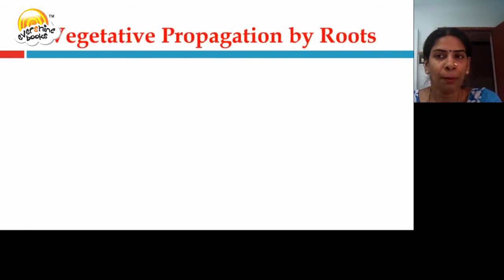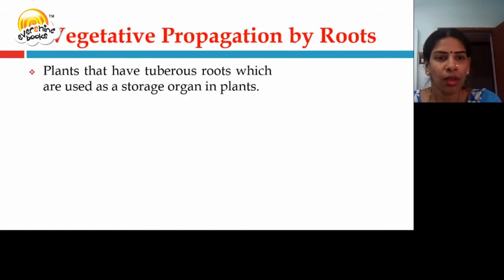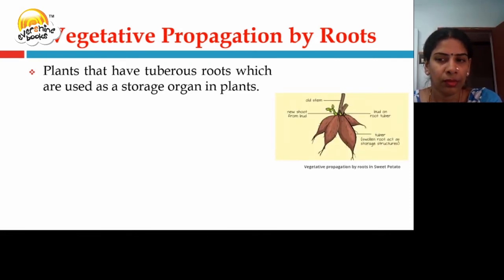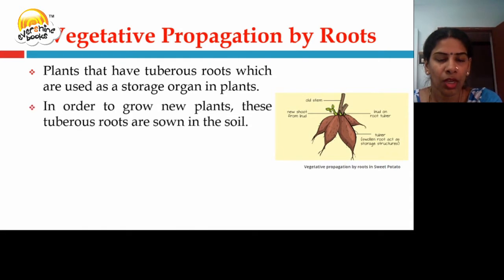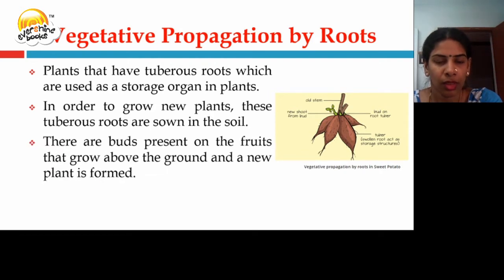Vegetative propagation by roots. Plants that have tuberous roots have the ability to store food. In order to grow new plants, these tuberous roots are sown in the soil. There you can see the buds present, and a new plant is formed.